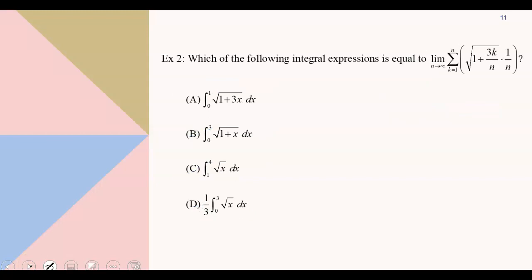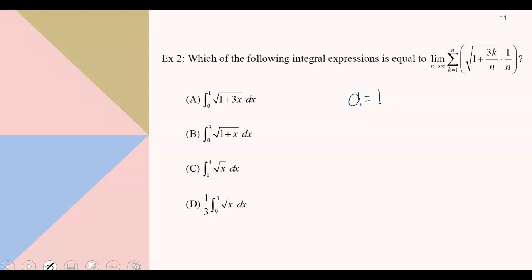Other direction, going from a Riemann sum to an integral. So now I have the square root. The square root is my function. The 1 is my a value. So if the 1 is my a value, all of my integrals that I'm going to select must have an upper or lower limit of 1. What do I need my lower limit to be?